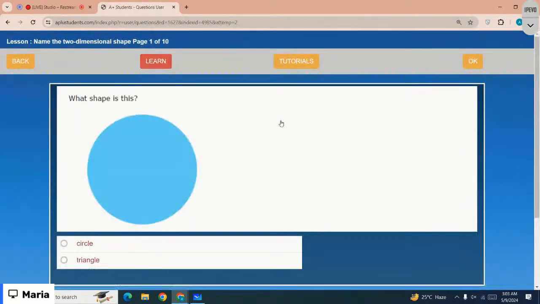What shape is this? Circle, triangle, which is the correct option?